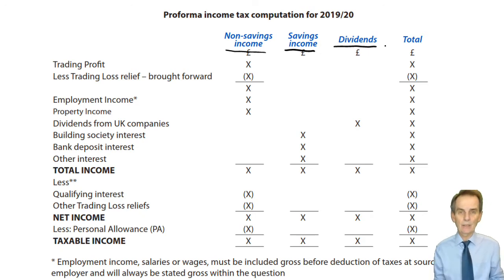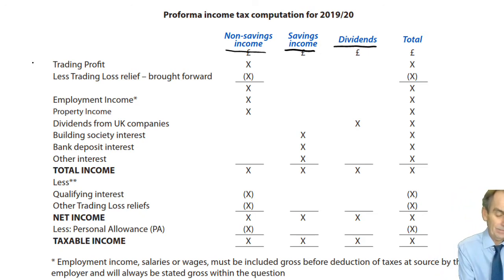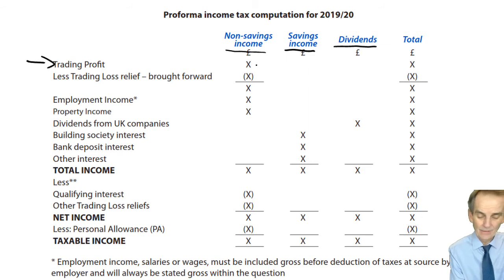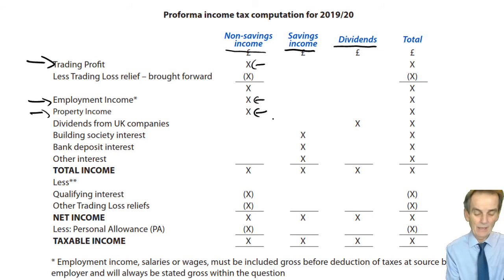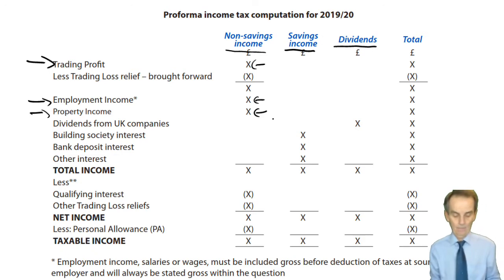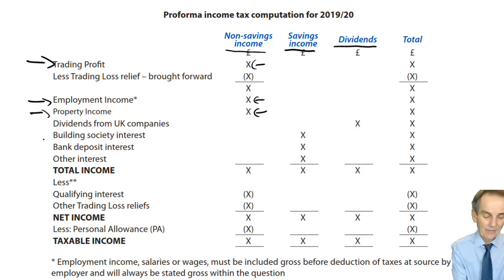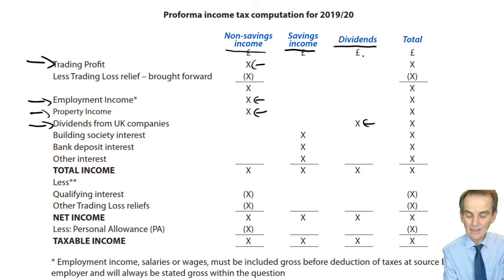So non-savings, as we'll see here: trading profit, there it is, employment income, there it is, property income, there it is, in that column. We said we had dividend income, dividends into, surprisingly, the dividend column.